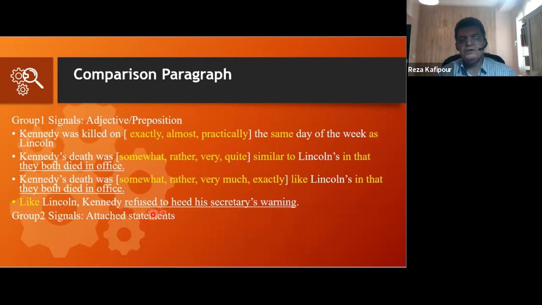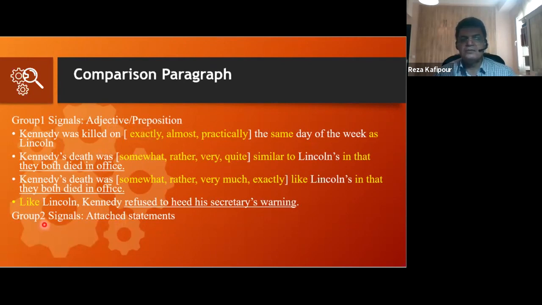So based on this structure, the basis of comparison, refused to heed his secretary's warning, refers to both persons, Lincoln and Kennedy. So we have four different structures that use adjectives and prepositions to show comparison of two things or persons.